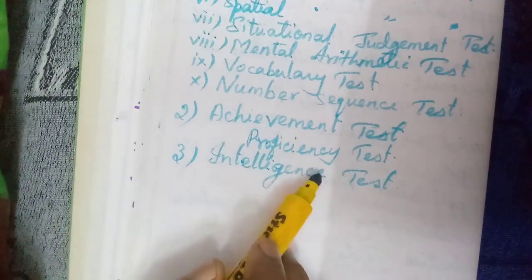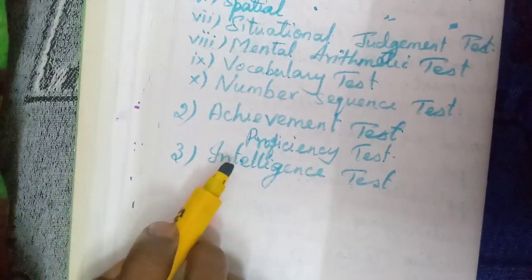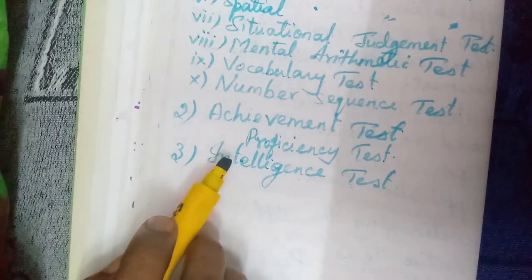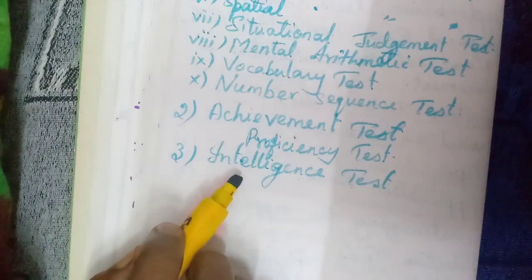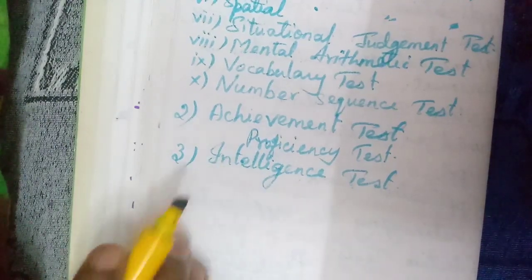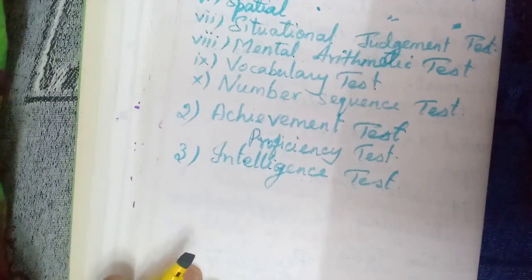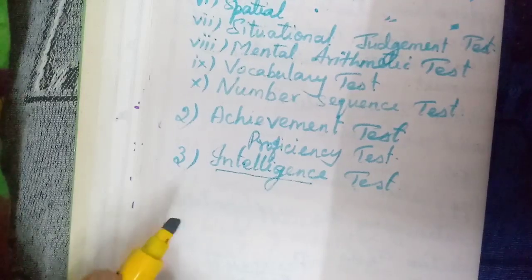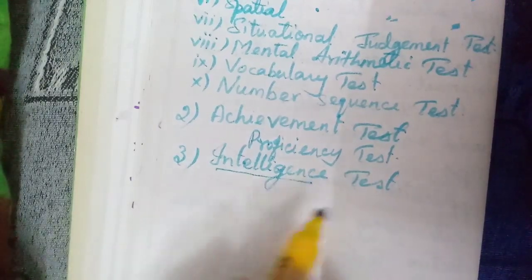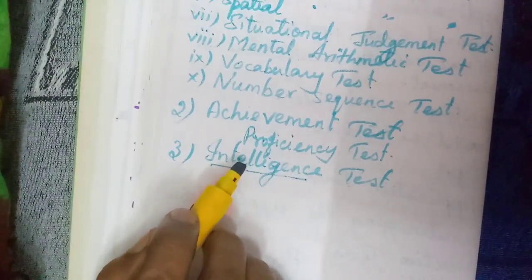That will be checked through this intelligence test. It is conducted to measure the mental ability and individual capacity of the candidate, or we can say the intellectual capacity of a candidate is tested through this intelligence test.